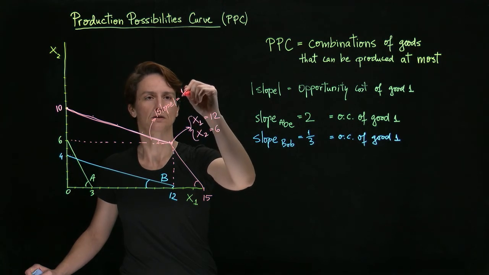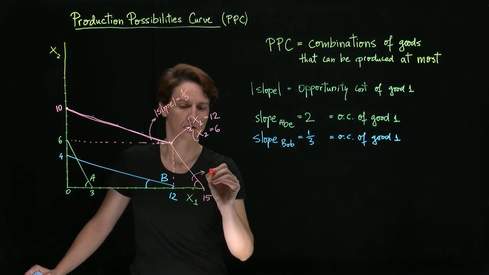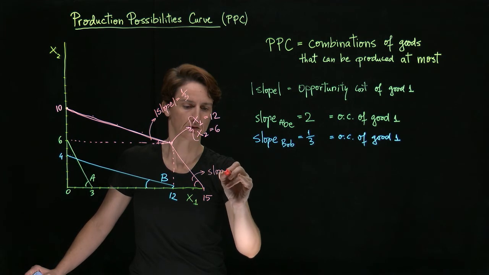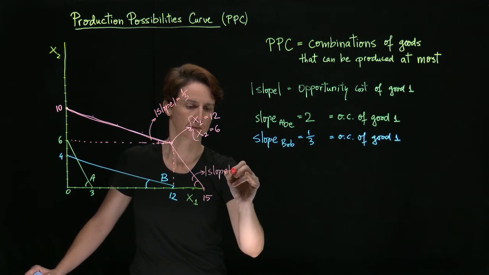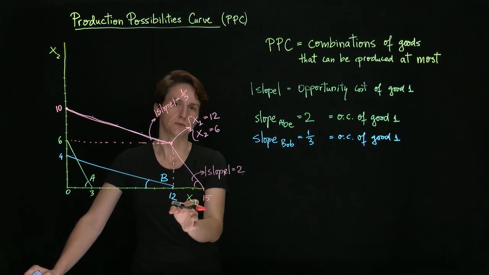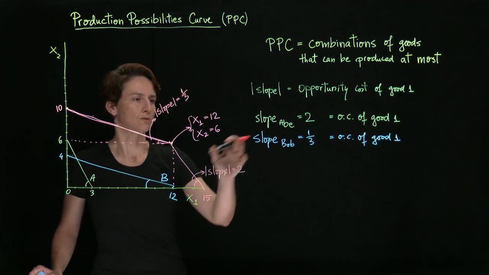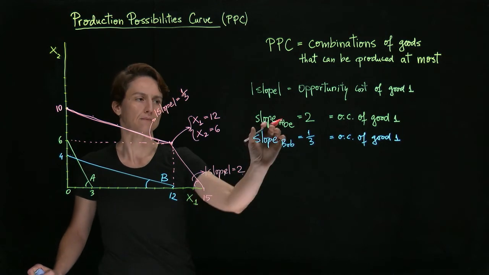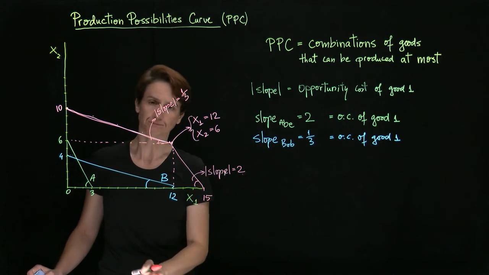Here the slope is 1/3, and here the slope is 2. The slope of the PPC is always negative, so even in some cases we don't include the absolute brackets.